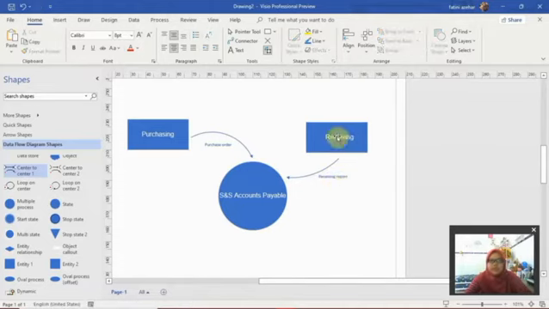That means the receiving department sends the receiving report to the accounts payable department, and the accounts payable department stores it in the receiving report files.